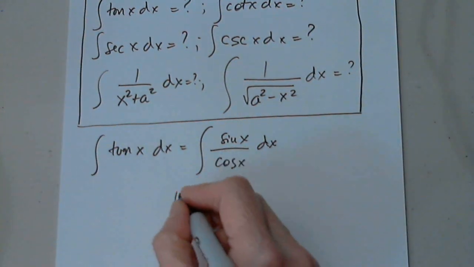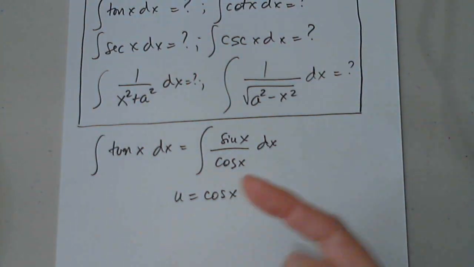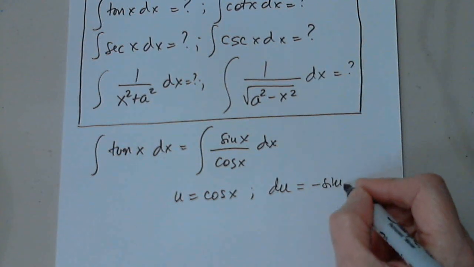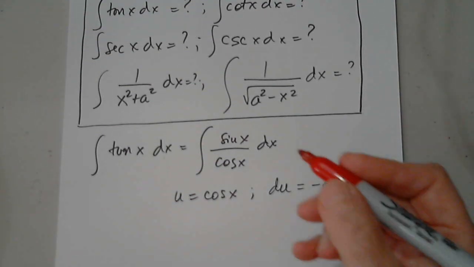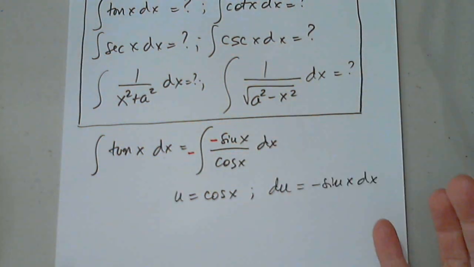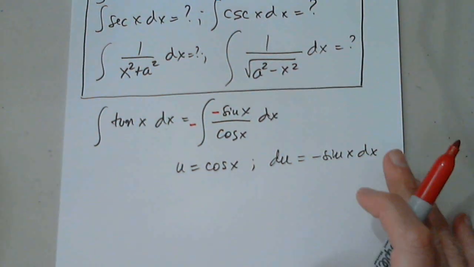And obviously, I will use u equals cosine x. Remember what we need? We always need du, which is the differential of u, which is negative sine x dx. Yes, you can solve for dx, but really it's not a big deal. I'm only missing a negative sign. So if I multiply by -1 twice, this is too easy to work so hard and determine dx and put it in and so on and so forth.